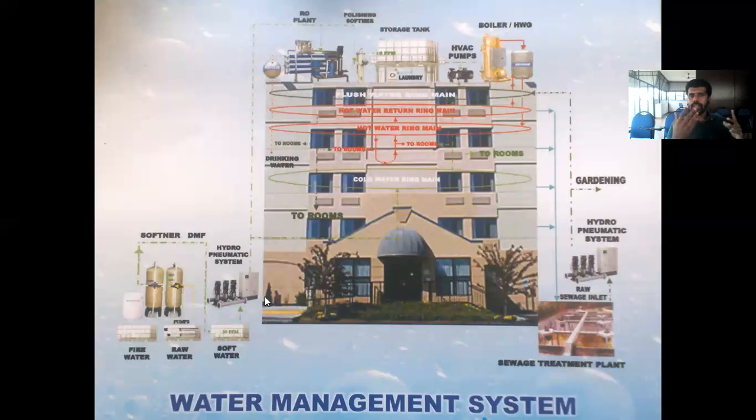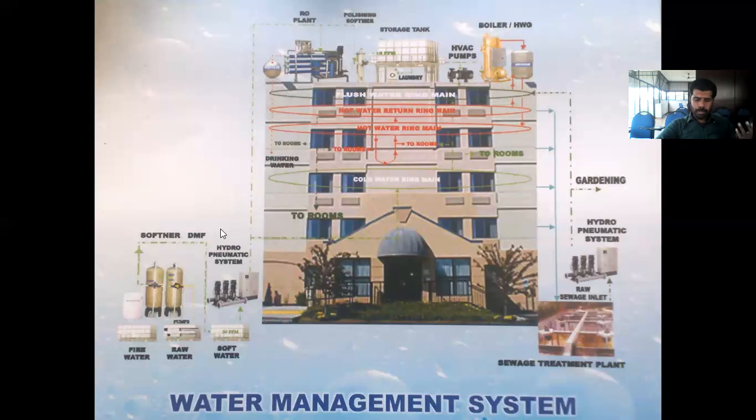All those things come in this water management system. Then direct supply of water is there, as well as indirect supply. Indirect means the water will be pumped to the overhead tank, and from the overhead tank it will be given to the individual floors.